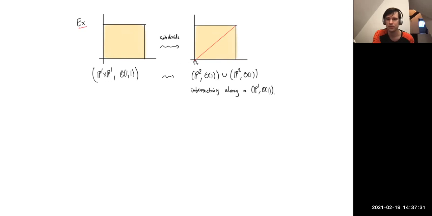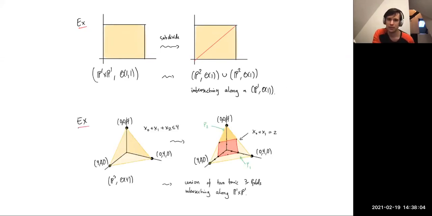If you subdivide by adding the diagonal here, you see two polytopes, and each polytope corresponds to the standard polytope of P2 with the polarization given by O(1). So of course, what happens here is that you degenerate the quadric to a union of planes that intersect along P1, the P1 you see here.